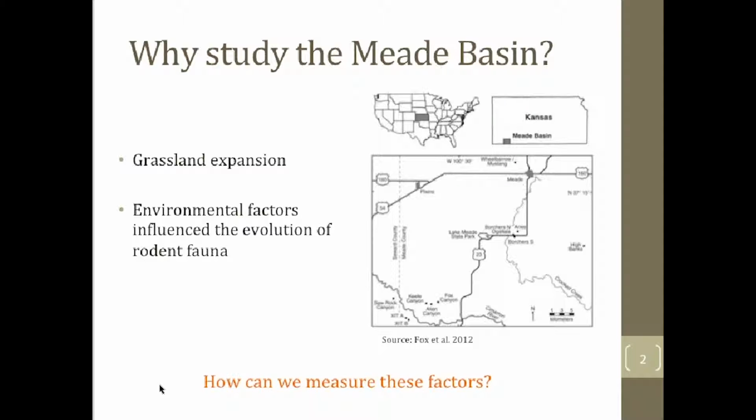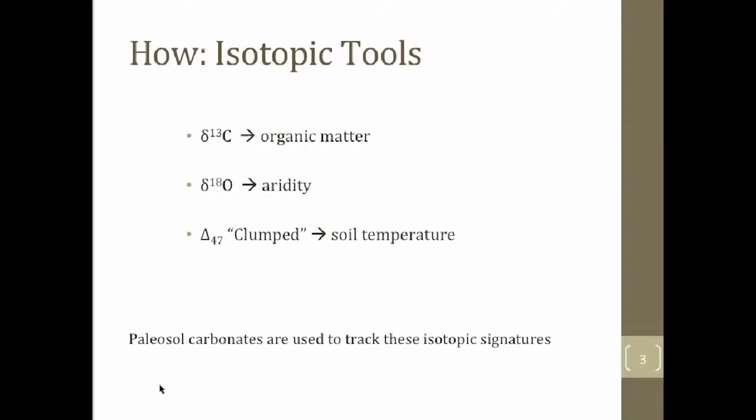So how are these factors measured? In past studies, which are part of this larger project, several isotopic analyses were taken of the sediments collected from Meade Basin. The three main isotopic analyses were, first, delta C13, which gave us an idea of the abundance of organic matter in the region.